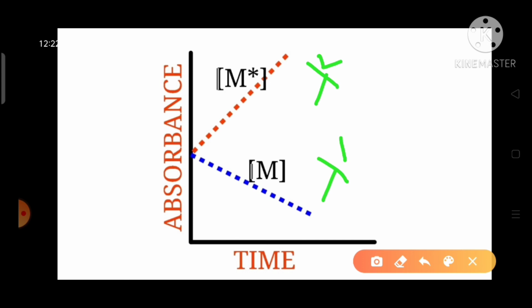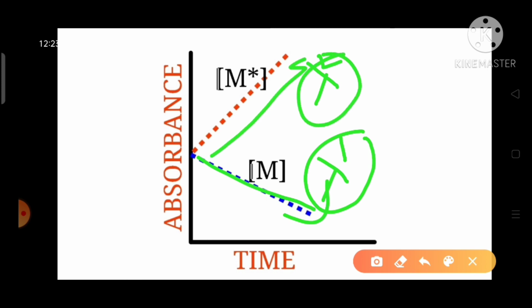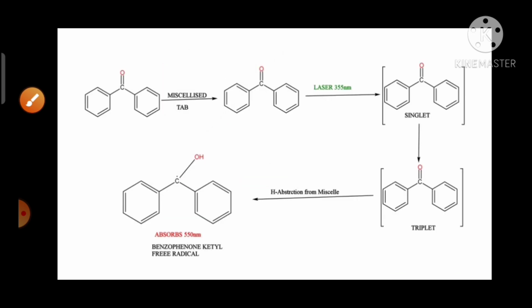Due to the flash photolysis, the concentration of the reactant molecule decreases, so the absorbance of lambda 1 radiation decreases as time passes, and as the concentration of the excited molecule increases, the absorbance of lambda 2 radiation increases. This helps in observing the changes in the concentration of molecules in the ground and excited states.